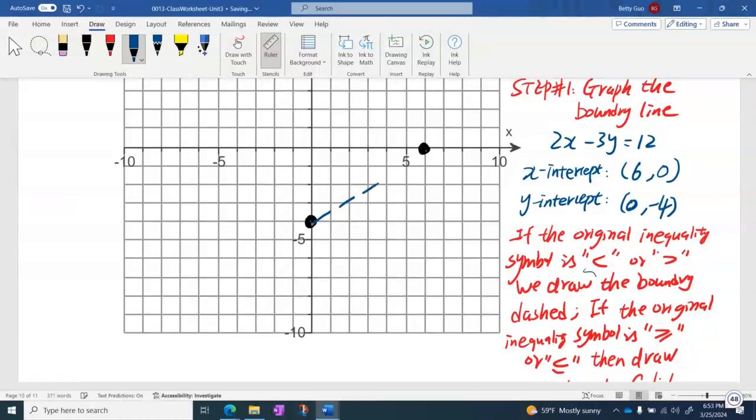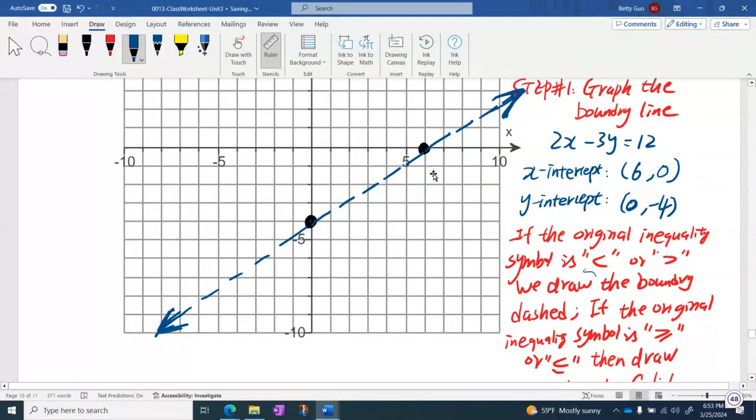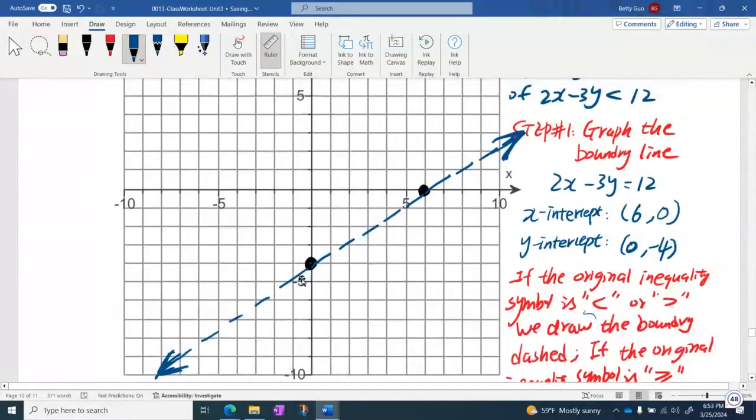Connect them and draw a dashed line. Since it's a straight line, I must draw the 2 arrowheads to indicate that it's a straight line going in both directions indefinitely, and the boundary line passes through the 2 given points.